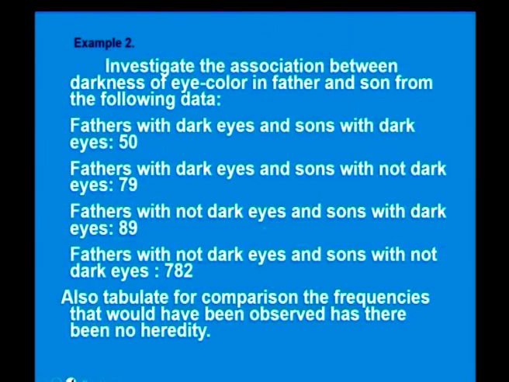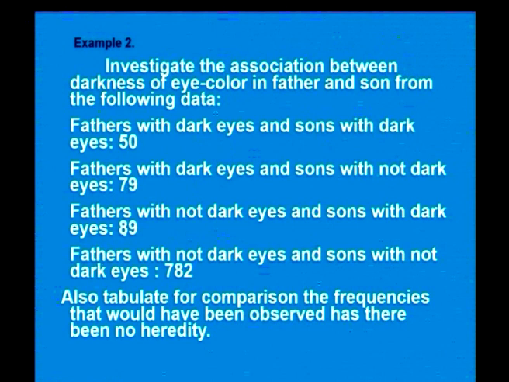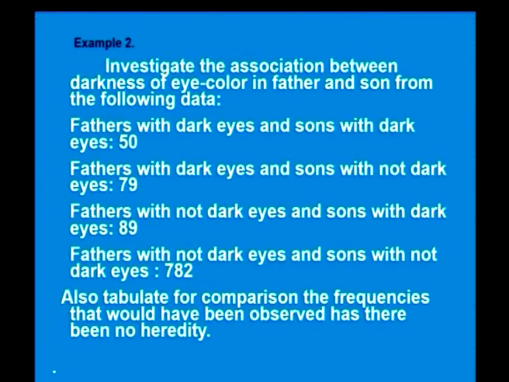So, A beta value is equal to 79. Okay. Then fathers with not dark eyes, it represents alpha, and sons with dark eyes is B. So, alpha B, that value is given to be equal to 89.